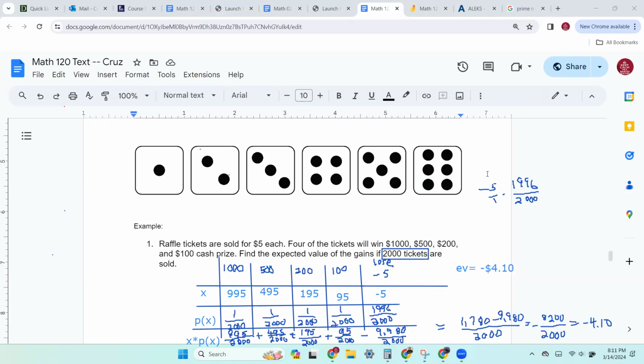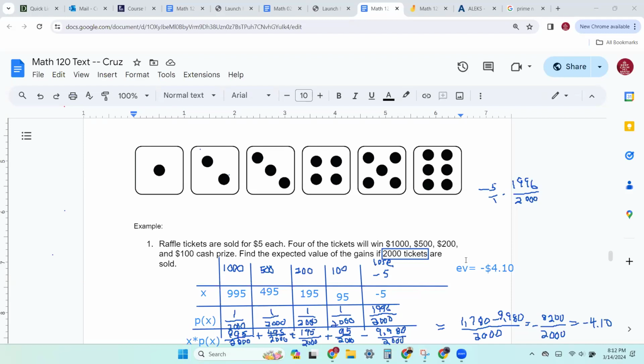I'll explain it to you, and then that's where we'll end. That negative means that the player is losing $4 on the average. Each player is losing $4.10. Therefore, the house, whoever's running this, if it's the church or some kind of group, every time somebody buys a raffle ticket, the house is gaining $4.10.